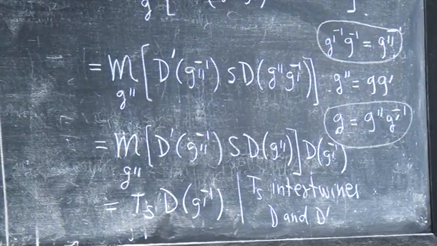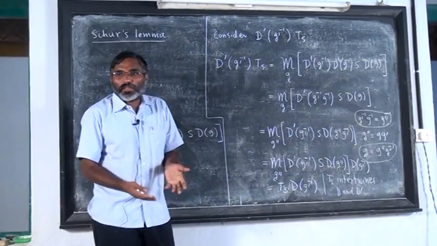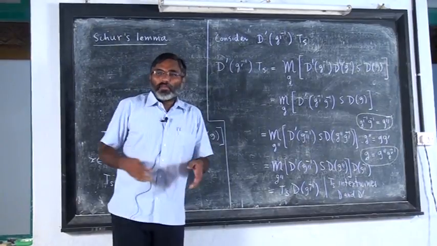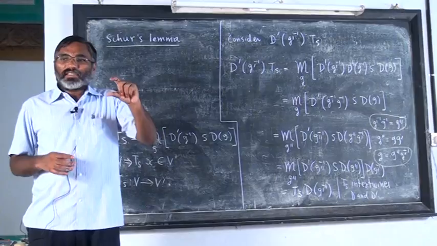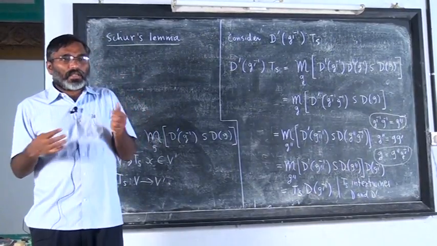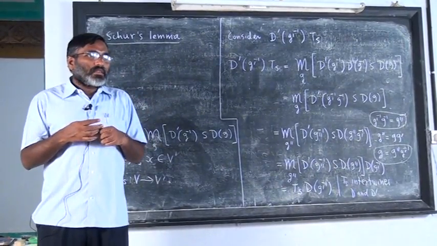Correct? Now what Schur's lemma tells you has to be 0. It has to be 0 for all S. Whatever is your S, it has to be 0 because the S is arbitrary. Correct?